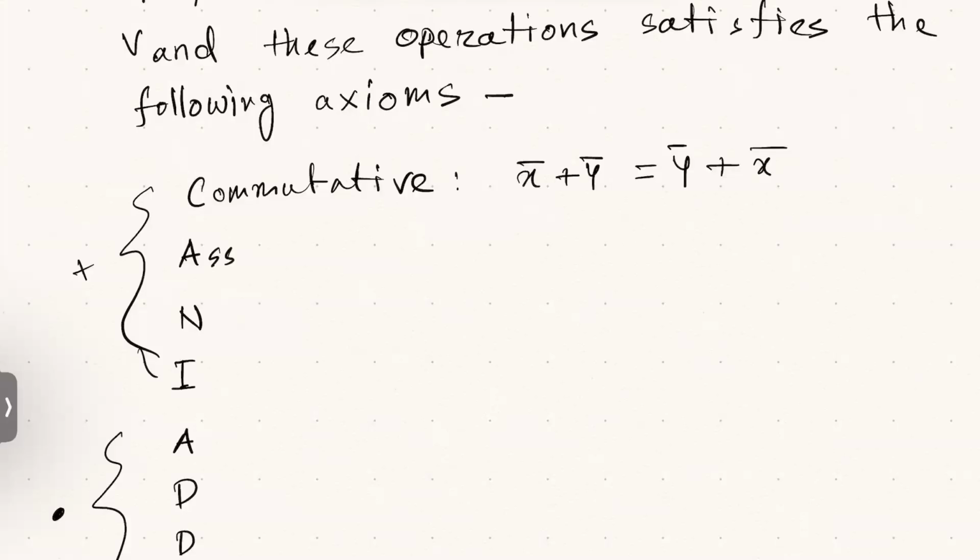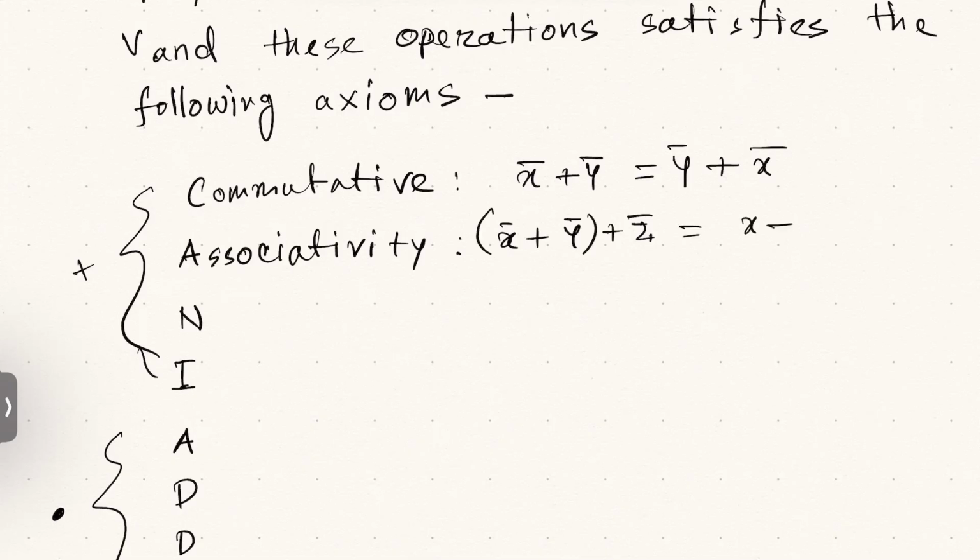And then associativity: if you take three elements, X plus Y plus Z equals X plus Y plus Z, so it doesn't matter in which order I add them.